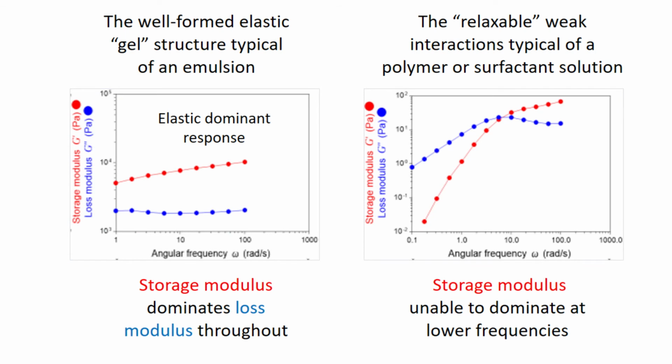A typical pharmaceutical cream, for example, will usually exhibit what we call an elastic dominant response, with G', the storage modulus, being higher than G'', the loss modulus, across that range of frequencies. So if that's not the case for the generic version of the formulation, then that suggests a lack of structural equivalence.